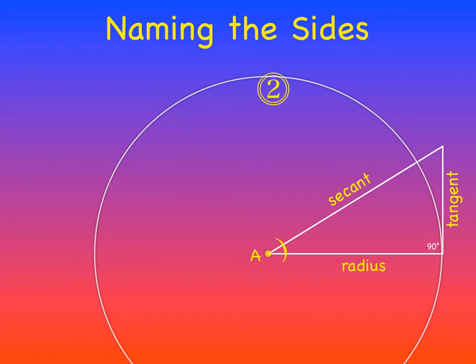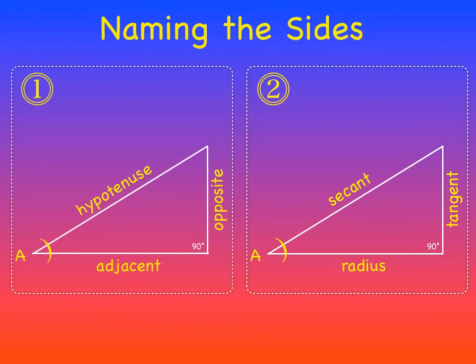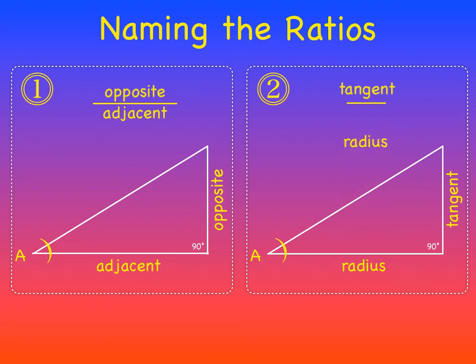Well, let's have a look at both of these ways of naming. Box 1, we've got the opposite, adjacent, and hypotenuse. Box 2, it's the same triangle, but now we're calling the sides the tangent, the radius, and the secant. Let's look at just the ratios we can get from this. Box 1 will compare the length of the opposite side to the length of the adjacent leg, and box 2 will compare the length of the tangent to the length of the radius.